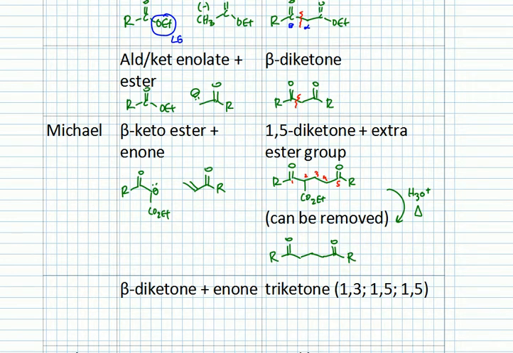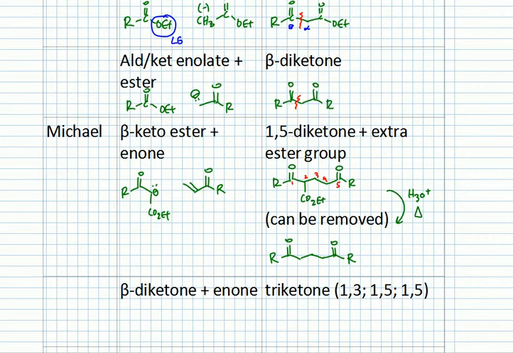All right. A similar reaction is if instead of having a beta keto ester, I just have a regular beta diketone, like that, plus the enone, we have no opportunity for decarboxylating anymore.